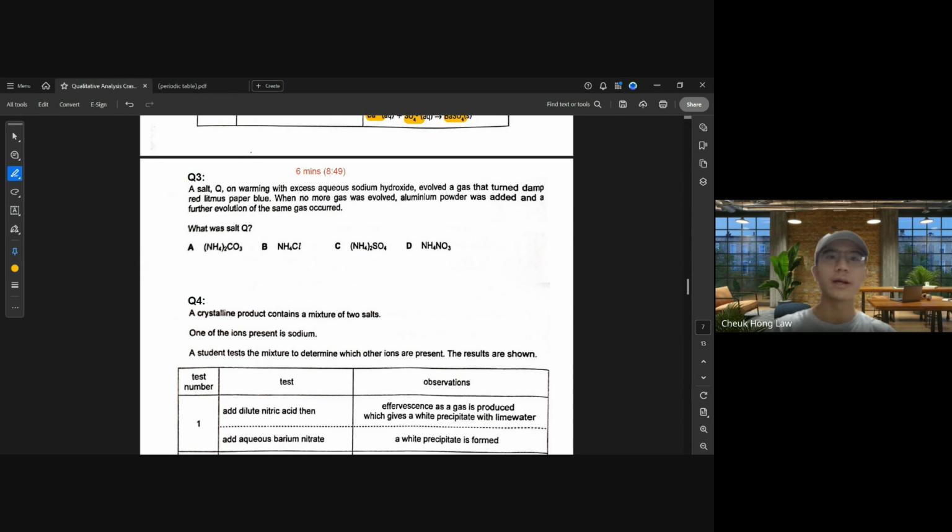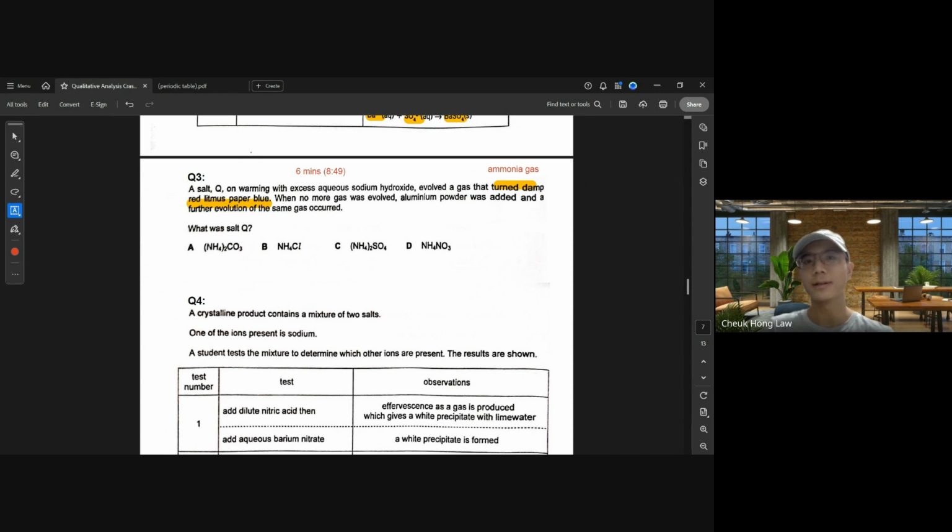Question 3: a salt Q on warming with excess aqueous sodium hydroxide evolves a gas that turned damp red litmus paper blue. Firstly, I see a gas that turned damp red litmus paper blue. Immediately, I know it's ammonia, because ammonia is the only alkaline gas that we learn in our syllabus.